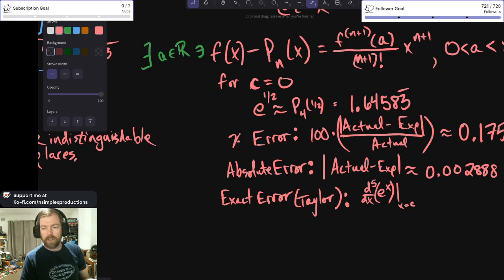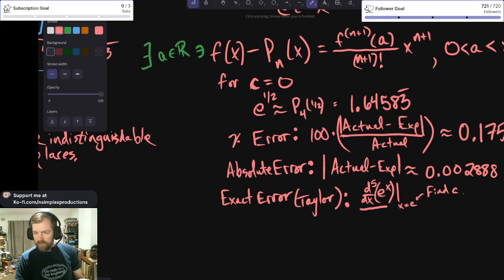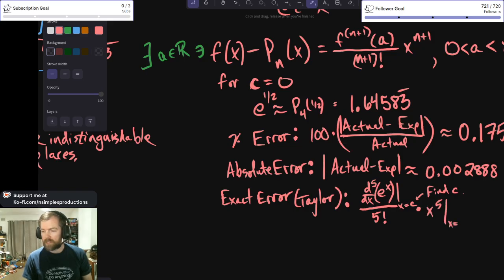We have to find c. Sorry, I haven't done this in a very long time. We divide it by 5 factorial and then multiply by x to the 5th, where x in this case is the 1/2 that we had up there.